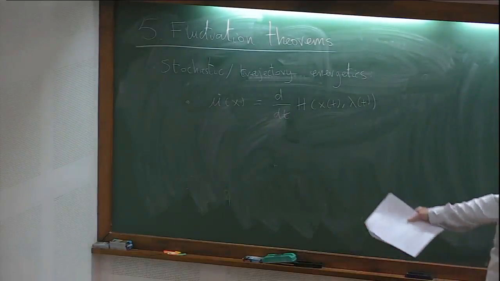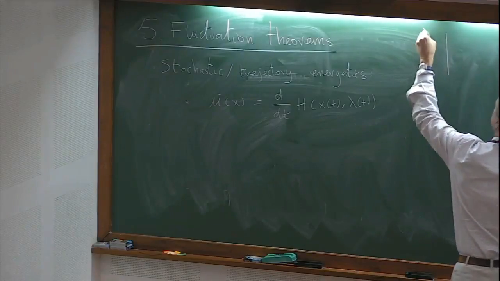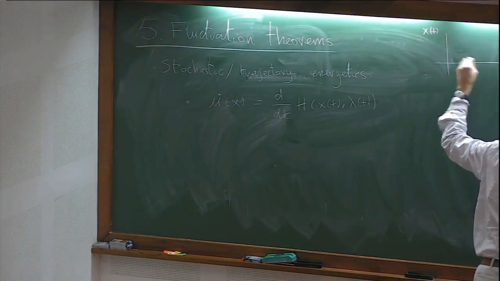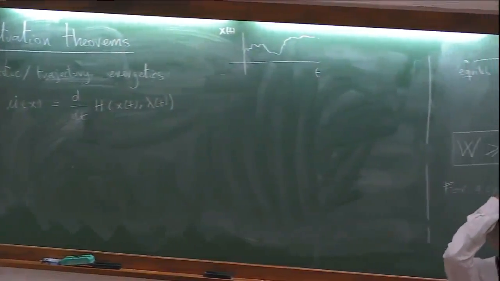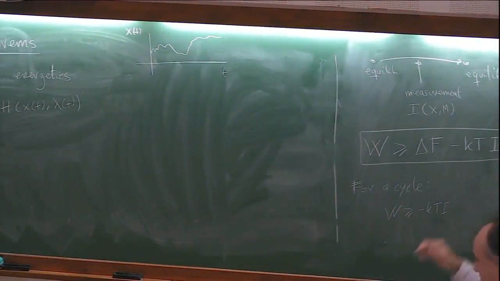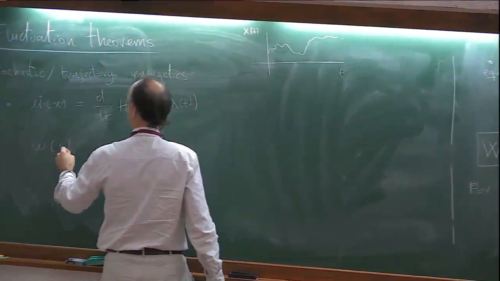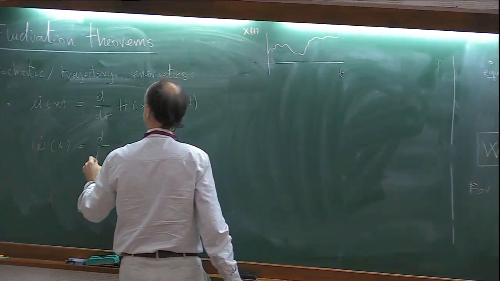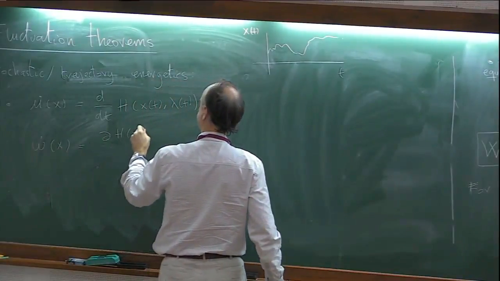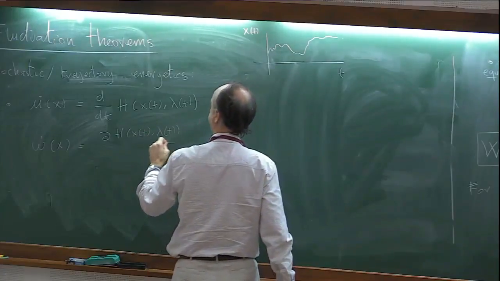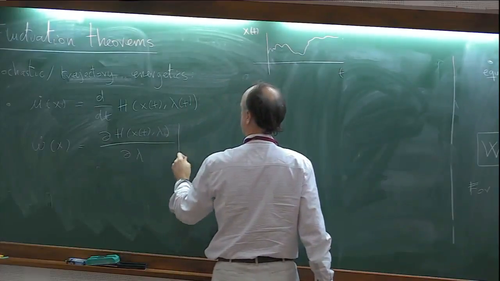And now x is a stochastic trajectory, so you can have x of t, your stochastic trajectory. And you can define work as well. Well, actually this is lambda, and lambda equals lambda of t.